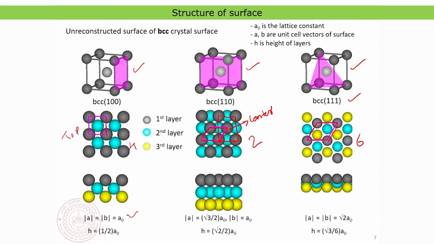So in principle, symmetry-wise, all the surfaces look the same, but you obviously see the spacing between the atoms has changed, and particularly with the BCC 110, there is also a slight difference in the way the atoms are arranged, because you have a centered atom in the case of BCC 110. And for the BCC 111, although the atoms are arranged in a six-fold symmetric manner, the spacing between the atoms is much larger compared to the FCC 111 surface.